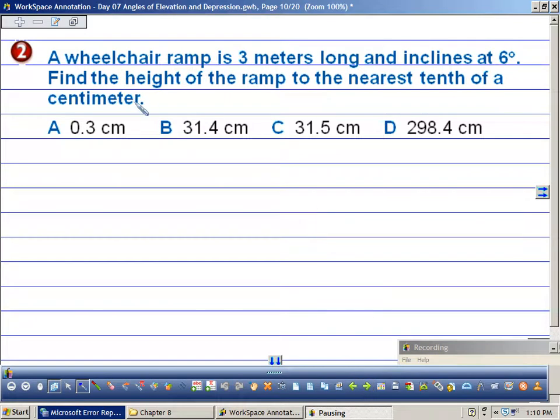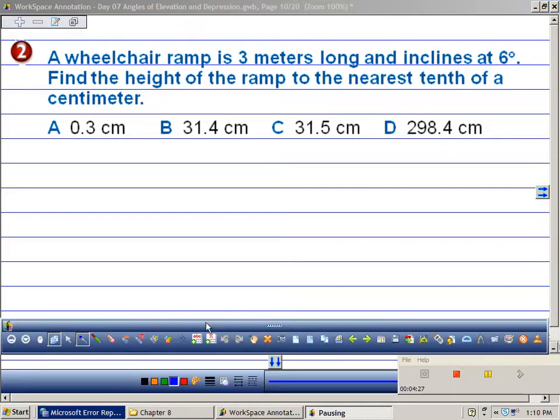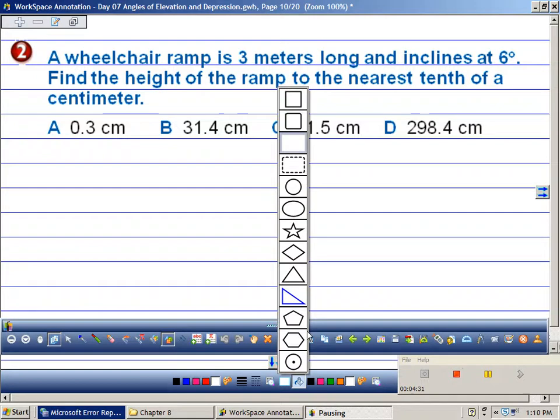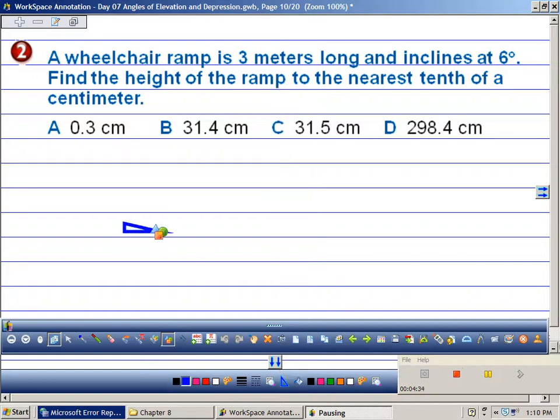All right. Let's write this one down. A wheelchair ramp. So I'm going to show you how I would do this. This is something a lot like what your homework would be. A wheelchair ramp is 3 meters long. So what do you think I'm going to draw? A wheelchair ramp. Okay, here's a wheelchair ramp.